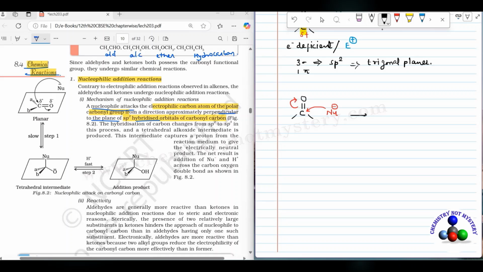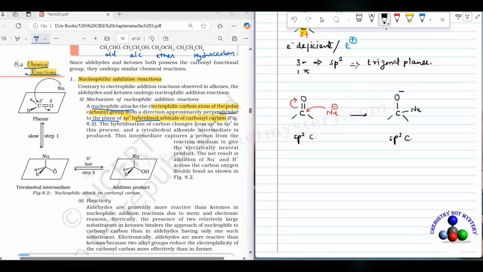As a result of it, this sp2 hybridized carbon changes to sp3 hybridized carbon, as this is a nucleophilic addition reaction. So here this carbon and here this is oxygen. When pi electrons move to oxygen, oxygen becomes negatively charged and here there are 2 valencies and here this is nucleophile which has made bond with the carbon.